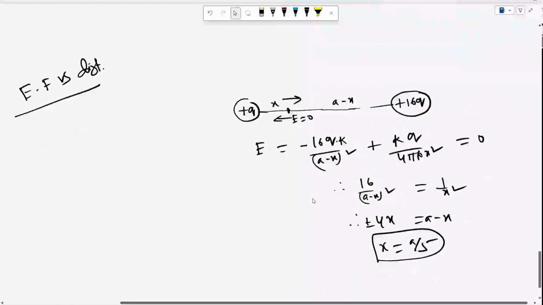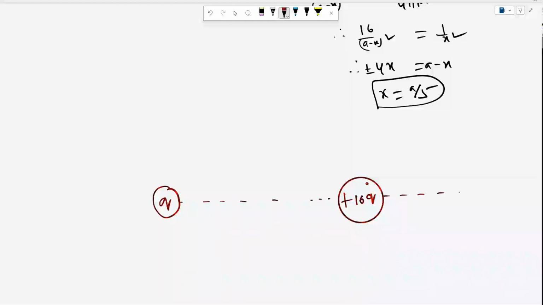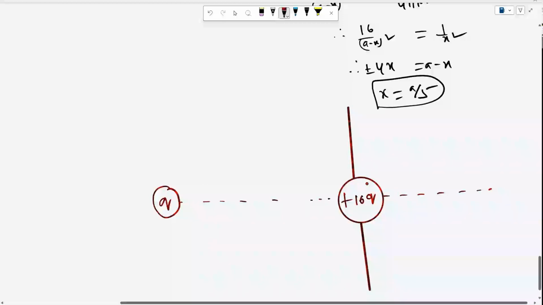Now, let us pay attention in plotting the graph. I am writing once more 16Q here and charge Q is here, and we are going to plot the graph. Same concept, positive y-axis, negative y-axis, all these are there.